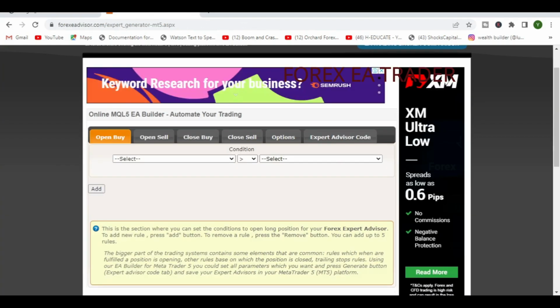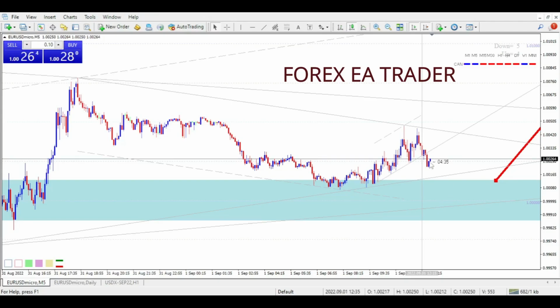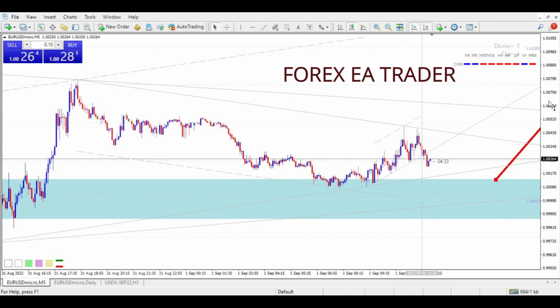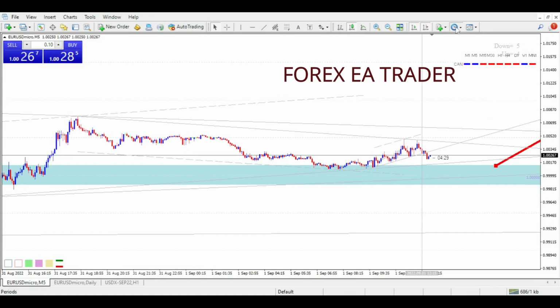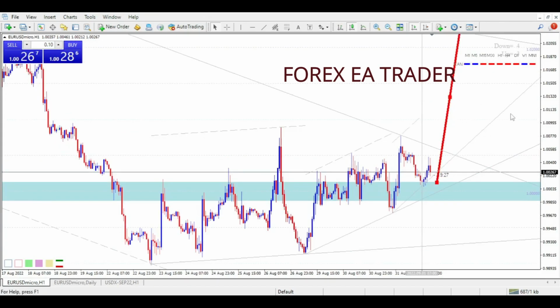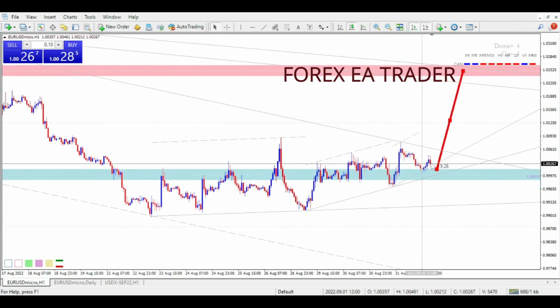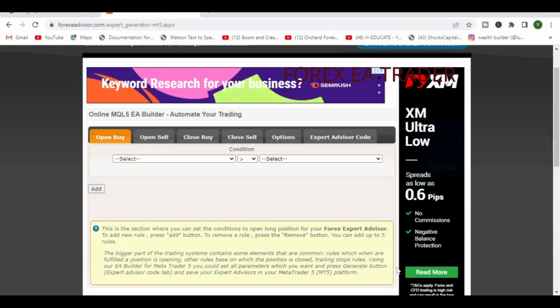So our strategy is that we are going to be buying every bullish candle until we reach this point. Let me zoom out a bit. We are going to be buying every bullish candle from here until this point. So the robot for that is what I'm going to show you how to build.